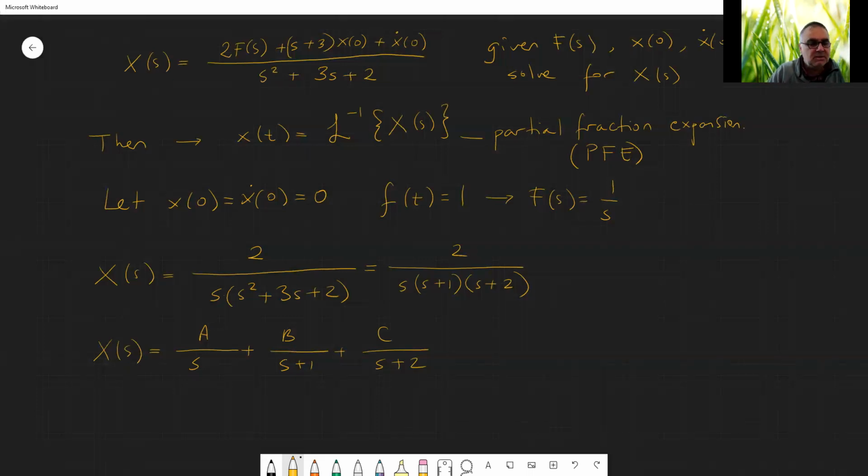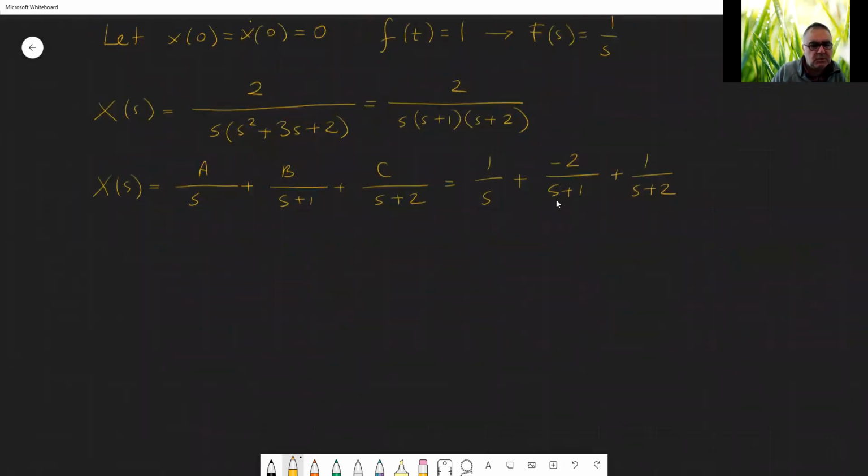You have seen this in your differential equations course. You basically find the A, B, C by equating the coefficients, multiplying them, and so on. As a matter of fact, I'll just give you the result. Since we don't have the time, it is 1 over s minus 2 over s plus 1, plus 1 over s plus 2.